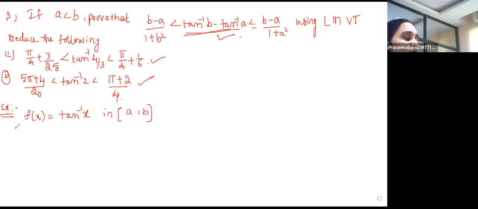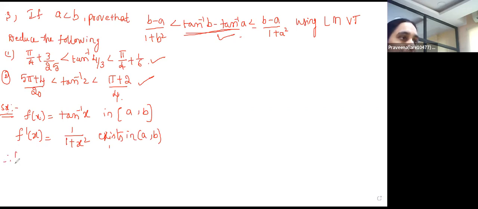By Lagrange's theorem, first we have to verify whether it is differentiable and continuous. Differentiating, f dash of x is 1 by 1 plus x square, which exists in the open interval a comma b.